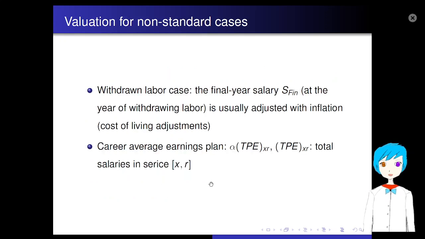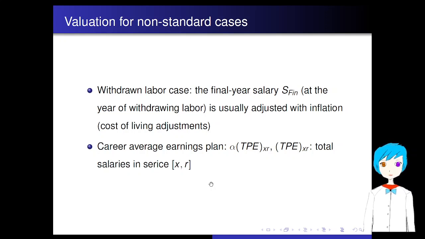We also have some non-standard cases. For instance, if an employee withdraws his or her labor early from a company, then the final year salary S final is set at the year of withdrawing labor, but the benefit will be deferred until the normal retirement age.